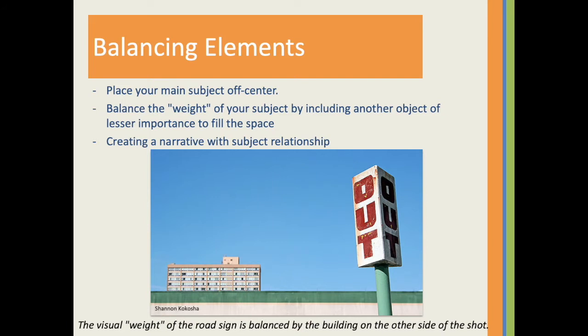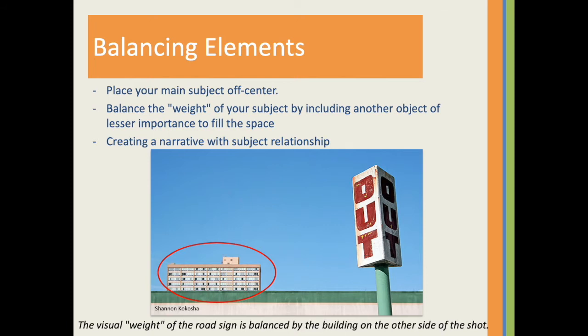So you should balance the weight of your subject, here the road sign, by including another object of lesser importance to fill the space. And here our space is filled with the building in the background. The visual weight is balanced, therefore allowing the eye to bounce back and forth between the elements, creating a dynamic picture.